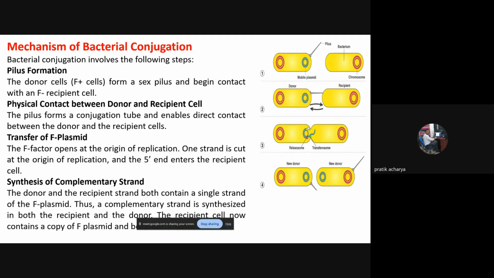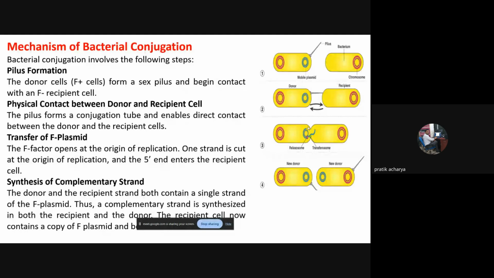Then DNA replication occurs. Both the cells synthesize the complementary strand. Now both the cells have a complete F plasmid. That means the F plus bacteria, having the fertility factor, and the F minus bacteria, which do not have the fertility factor, both now become the same.